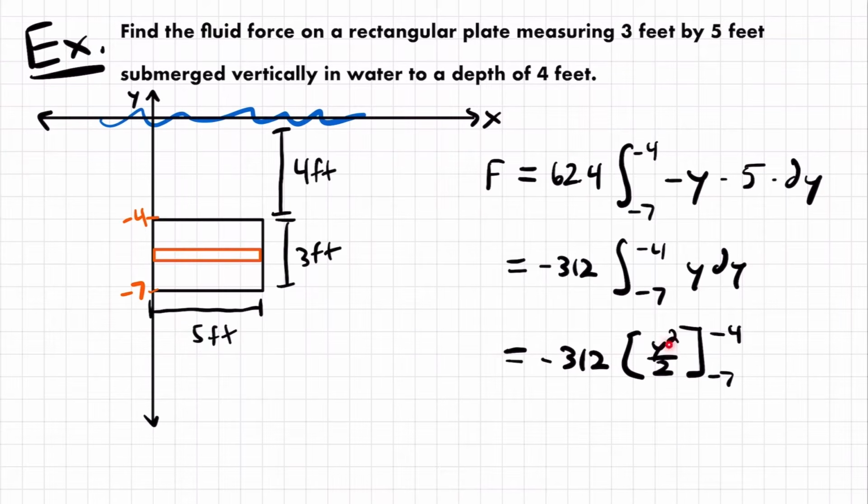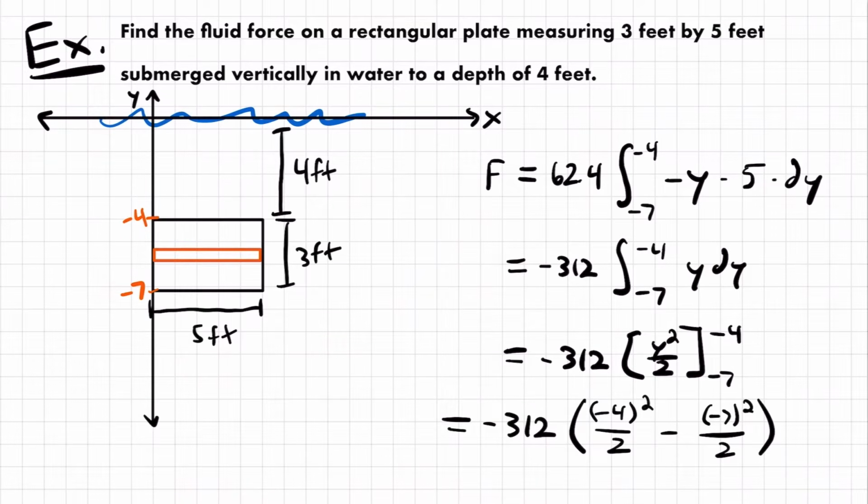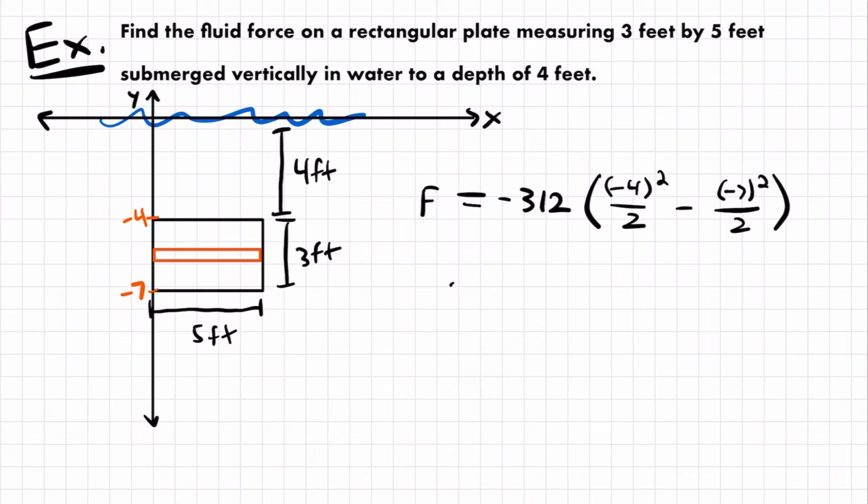All right, and so we can evaluate this expression at -4 and subtract the evaluation at -7. So this will be equal to -312 times -4 squared divided by 2 minus -7 squared divided by 2. Okay, and so if I clean up my work again, the fluid force will be equal to -312 times -4 squared, which is 16, divided by 2, minus -7 squared, which is 49, and that is also divided by 2.